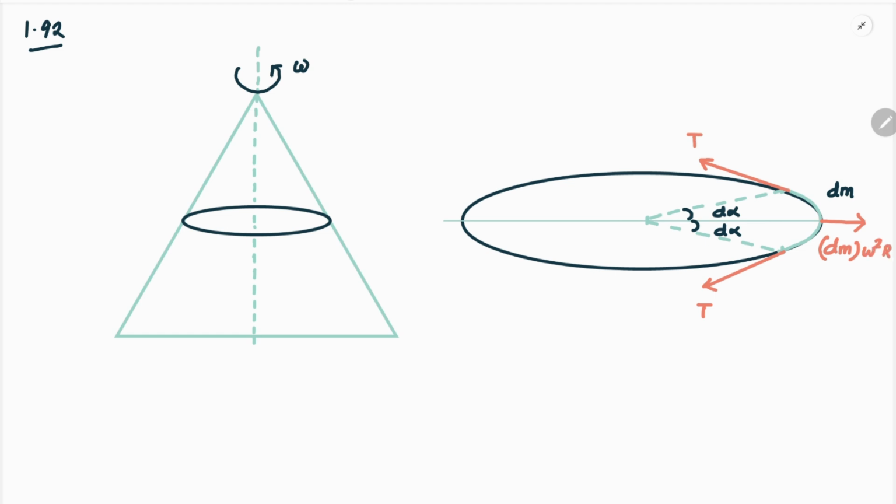So this is the force which it is going to experience, dm omega square r in this direction, and the tension developed in this chain is T. Apart from this, it is very important to understand that the cone is not a vertical wall, neither a horizontal wall. It is a slant wall, and it is making half angle theta. This information is also given in the problem.